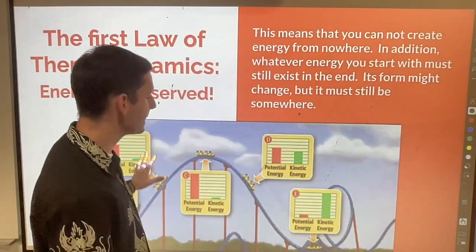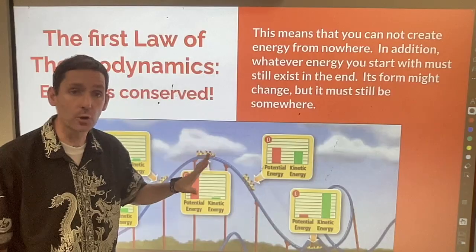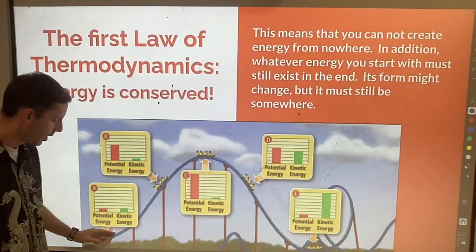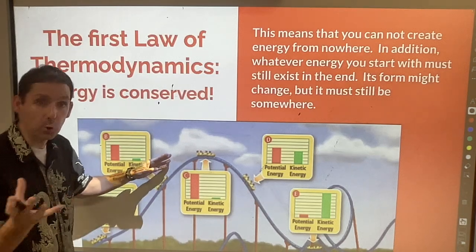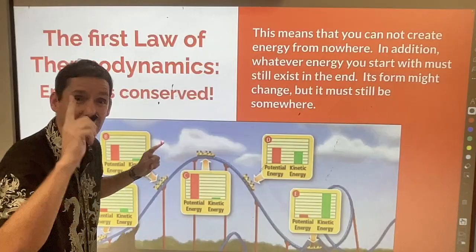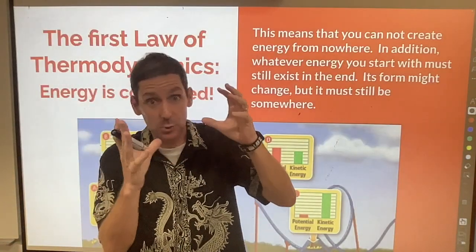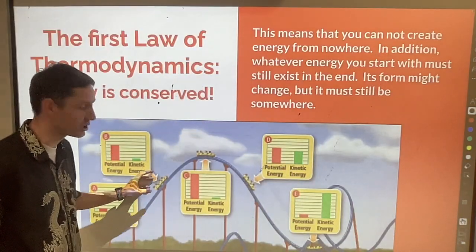A great example of this is a roller coaster. If there's no friction on a roller coaster, then we start at the bottom, and at the beginning, a track pulls the roller coaster up. Now that pulling is a force doing work. Remember we said that when a force is in the direction of motion, it does work. So as we pull it up, it gains potential energy. It's going higher.